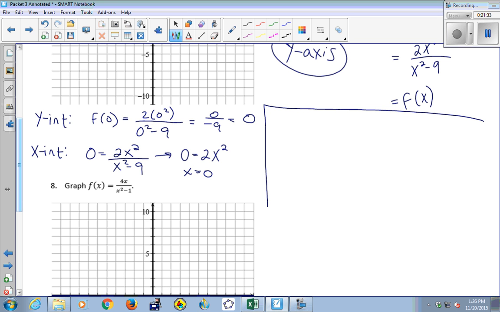So this was step 5, vertical asymptotes. To find vertical asymptotes, we worked on that last class. You set the denominator equal to 0. So we set x squared minus 9 equal to 0. And when you solve that, you get x squared equals 9, which means x is what?